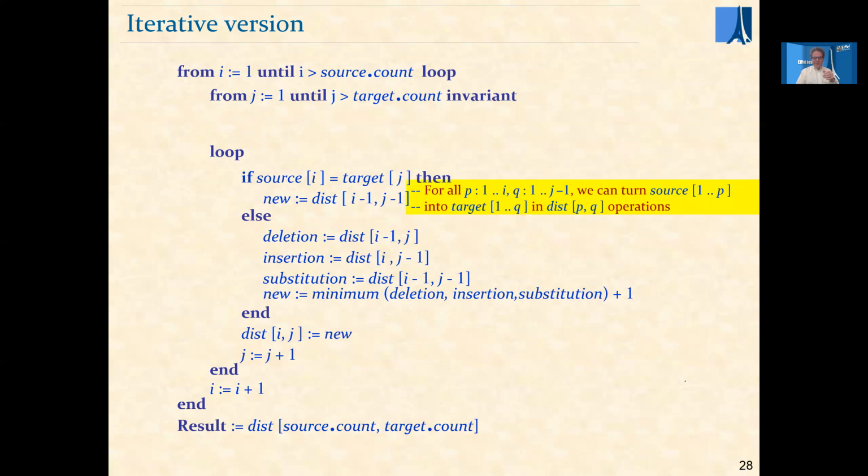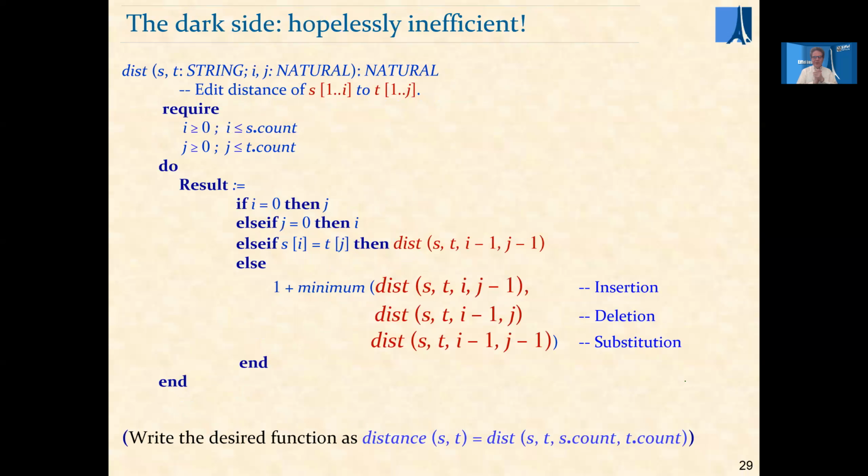But the problem is that if I implement this functional programming algorithm, it's going to be hopelessly inefficient. So for small strings, modern computers are fast, so it's still going to come back with the results relatively quickly. But if you use bigger strings, you're soon going to get into a combinatorial explosion and very long execution times. Why?